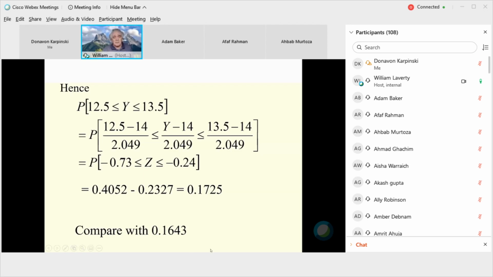The exact value using the binomial formula is 0.1643. This becomes more accurate as you increase the value of n. n was equal to 20 here. If you increase it, say, to n equal to 2000, the normal approximation is approximately the same as the exact value.